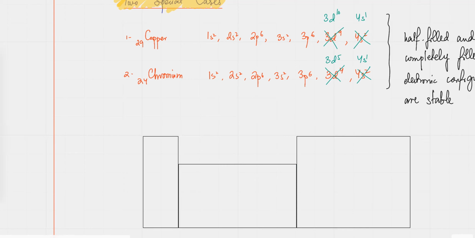So I'm going to link the electronic configuration to those groups. This one is group 1, and then I have my group 2. Then I have this, which, instead of calling transition metals, the correct terminology is d block elements.